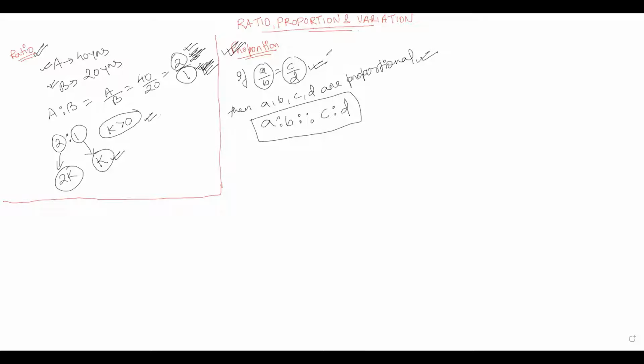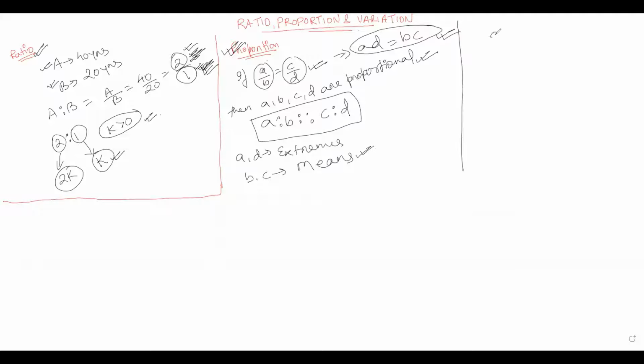That is, A by B equals C by D. Also, A and D are said to be extremes, and B and C are said to be means. So here we can write AD equals BC. That is, the product of the extremes is equal to the product of the means.